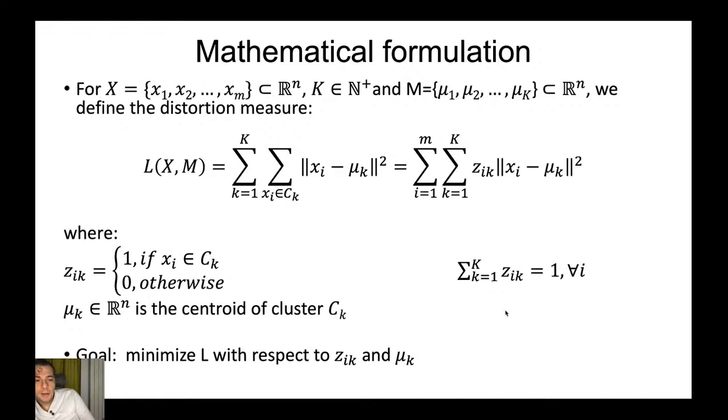And here another constraint that we have is that the sum of these assignments over the clusters is equal to 1. So this means that, actually maybe you can guess what this constraint is related to.